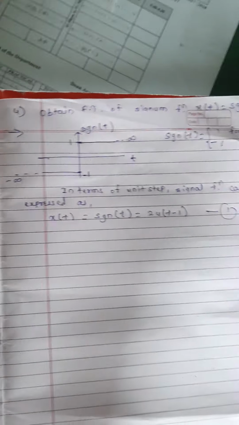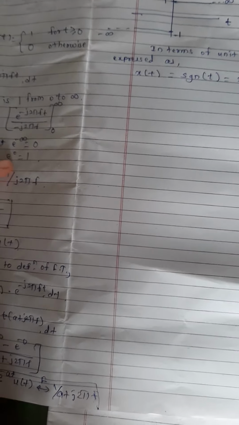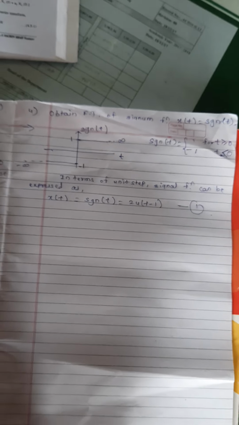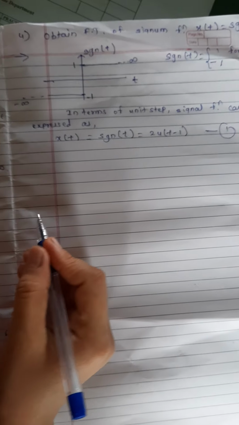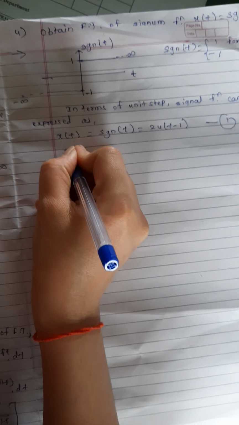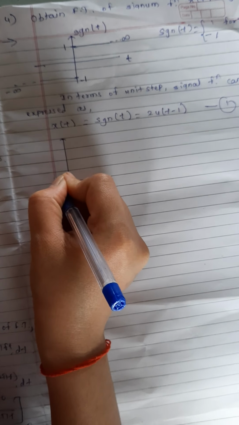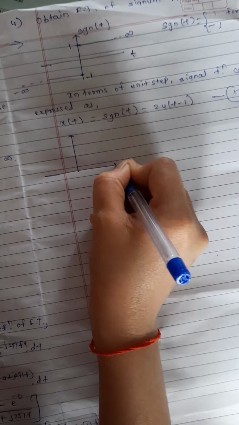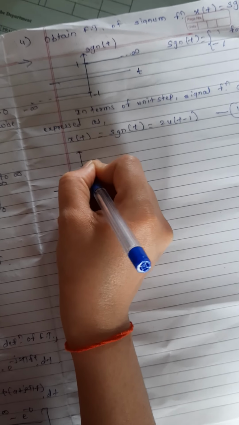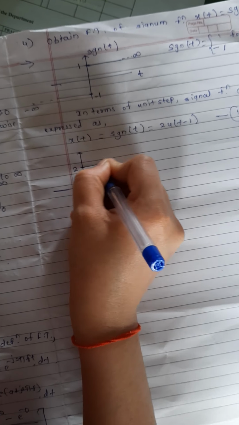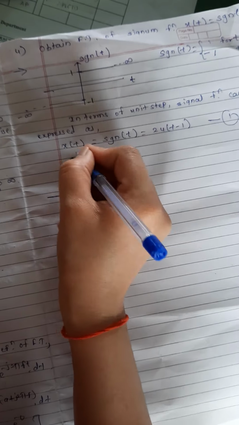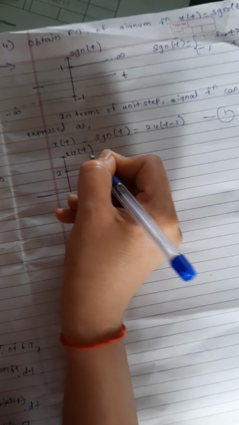This is equation 1. So we draw the diagram for this equation. First we draw this is t, it is 0, it is 2 up to infinity, it is 2u of t.